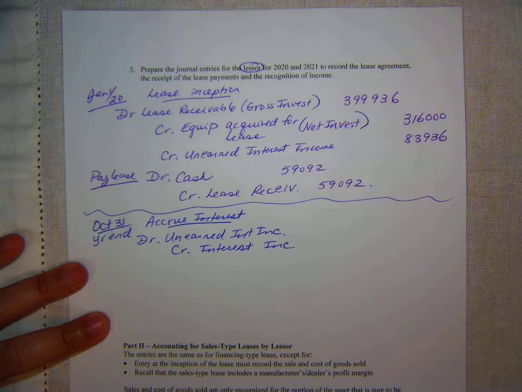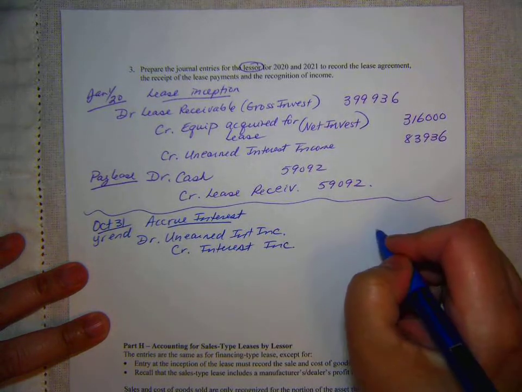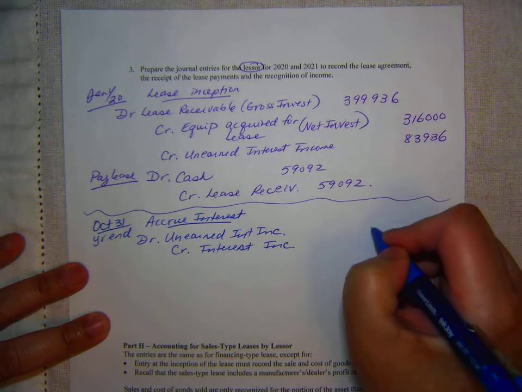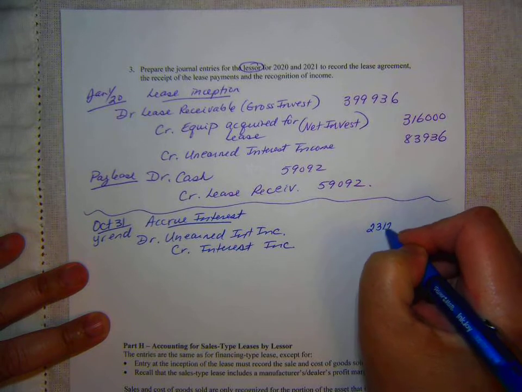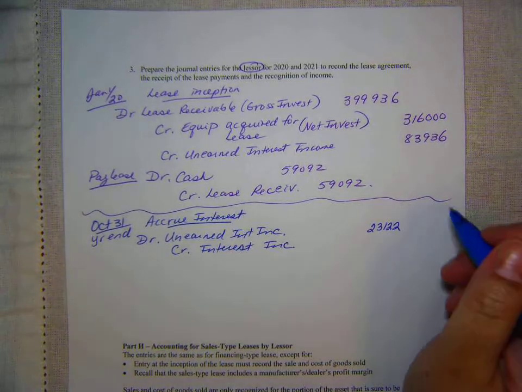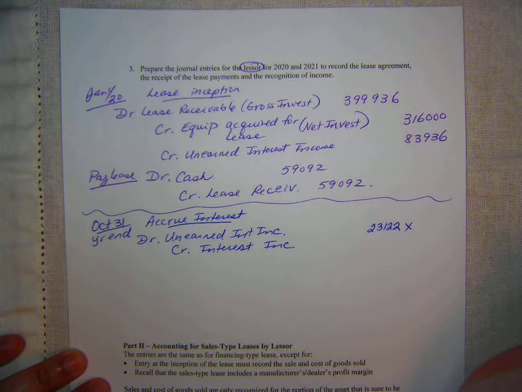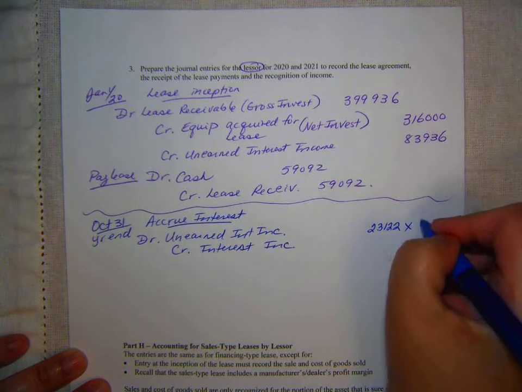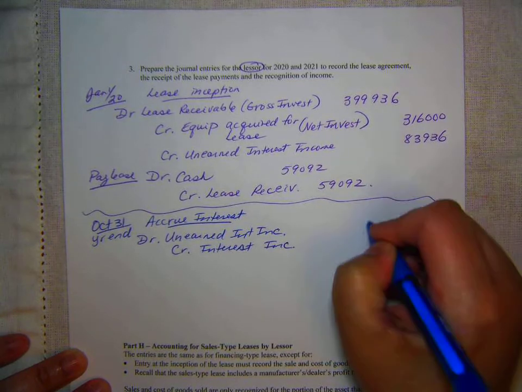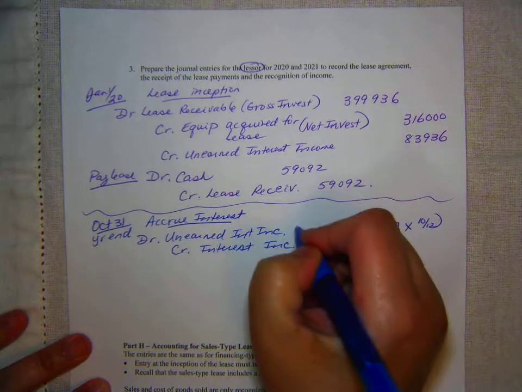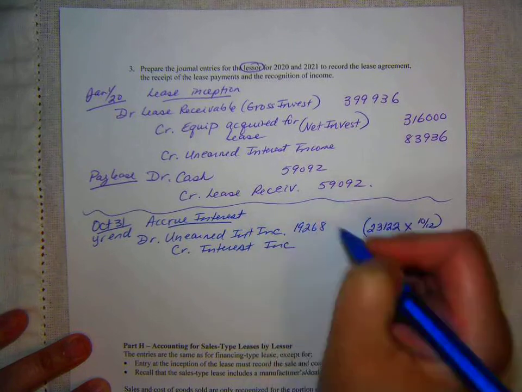So, looking at our table on page 12, we know for the next year, it's going to be $23,122 of interest we're going to earn in total. How many months have gone by since we made the payment? If you count them up, you should get 10/12. So that's going to be $19,268.